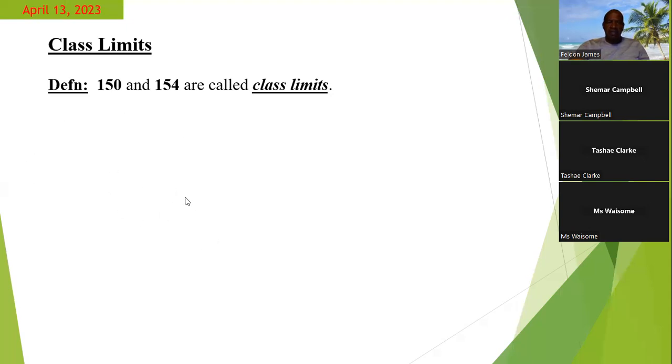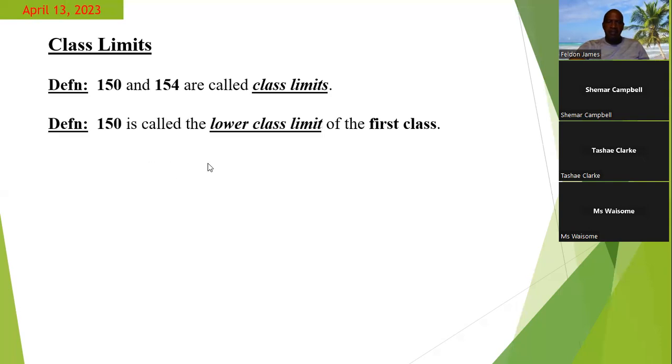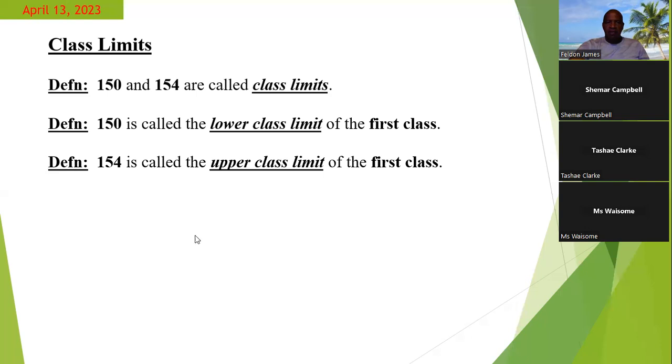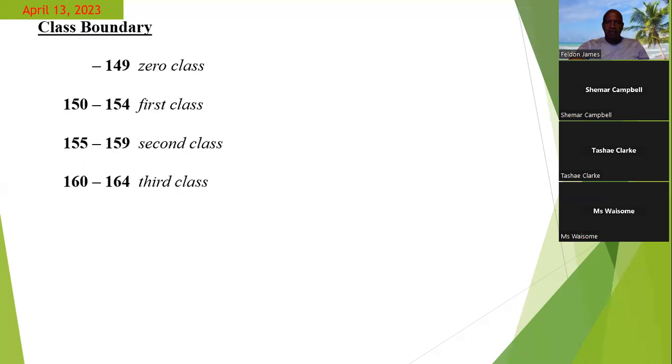So we are getting to understand the various aspects of the classes. We talk about class limits, which are simply the lower number and the upper number of the class. So the lower class limit for the first class would be 150, and the upper class limit would be 154.